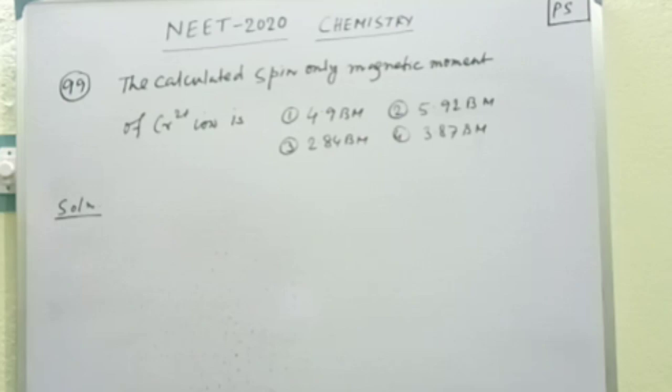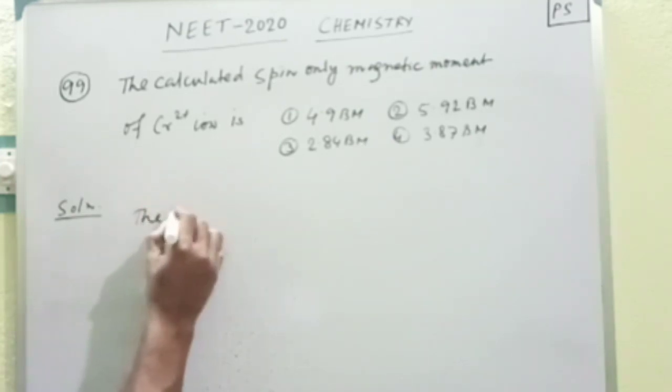Question number 99. The calculated spin-only magnetic moment of Cr2 plus ion is option 1, 4.9 Bohr magneton, option 2, 5.92 Bohr magneton, option 3, 2.84 Bohr magneton, option 4, 3.87 Bohr magneton.